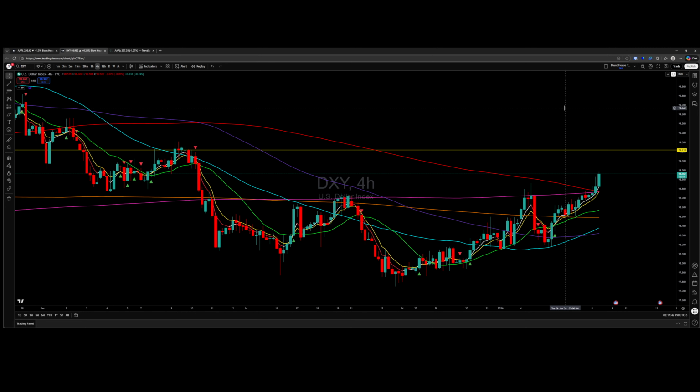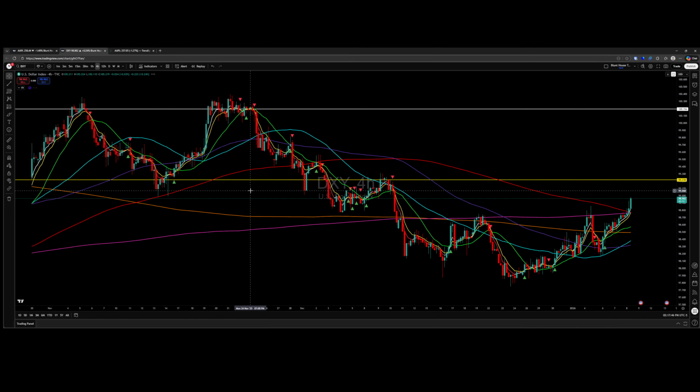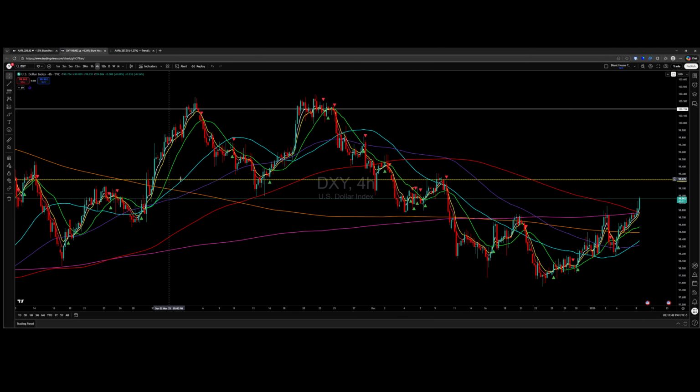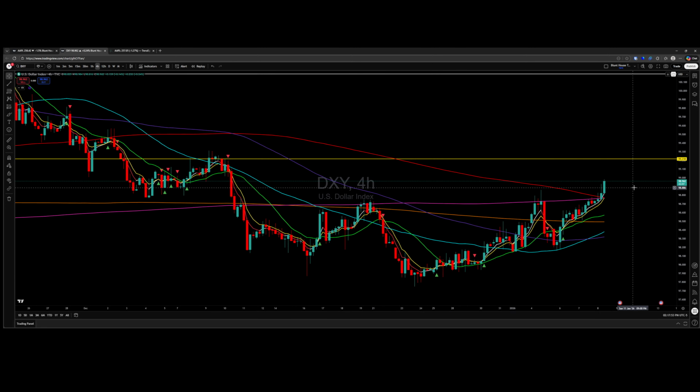Let's say this 99.21 was your target, just a level I've put on here. If this looks like it's going to fail in here, am I going to wait to see how far it fails before it gets here? No. If it's going to fail, it invalidates that level, at least for the time being, and then you try again.